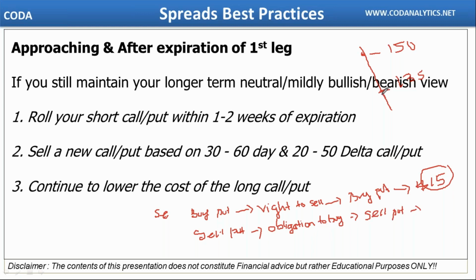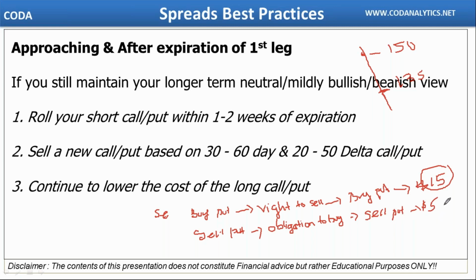But because this stock is bearish long term, while short term it is slightly bearish to neutral, I'm anticipating that if I sell this put and receive maybe $5, there's a high probability that it's going to expire worthless.